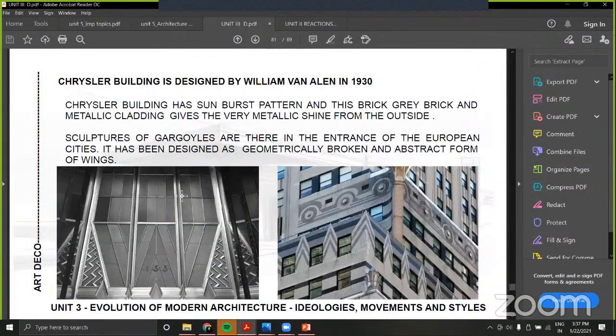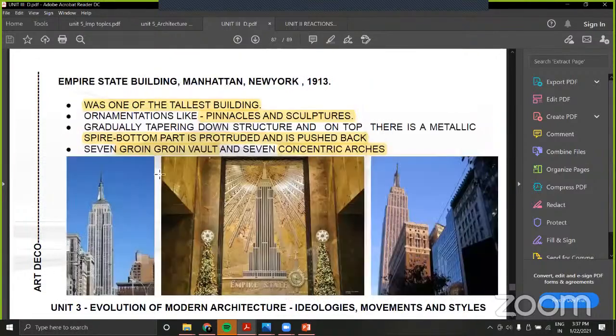The Chrysler Building is designed by, yeah, there will be two buildings. We will be seeing the Empire State Building, because we will be studying these buildings in the next semester also. The Empire State Building was one of the tallest buildings, with ornamentations like pinnacles and structures, gradually tapering down, with a metallic spire on top.